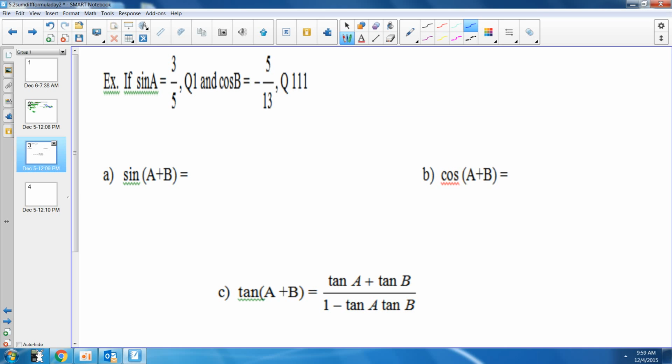Based on the identities, I know that this is equal to sine A cosine B plus cosine A sine B. It's a mixture of sine A, cosine A, sine B, cosine B. So I need all four of those in order to get my answer. For the cosine of A and B, it's the same thing in terms of the mixture.